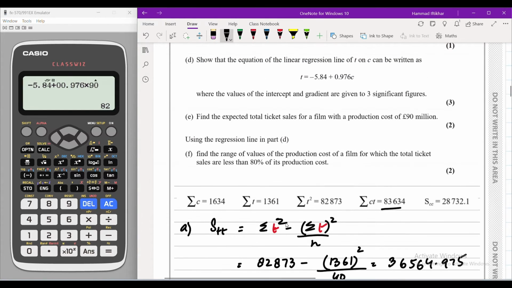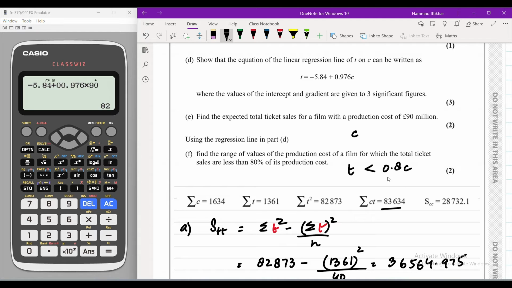Okay. Using the regression line in D, find the range of values of the production cost of a film for which the total sales are less than 80% of its production cost. So we have to treat it like an inequality. Find the range of values of the production cost for which the total ticket sales are less than 80% of its production cost.